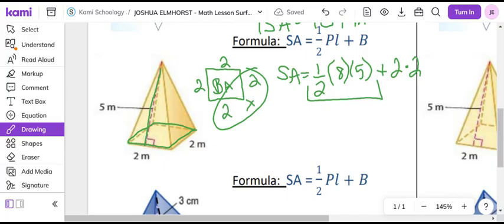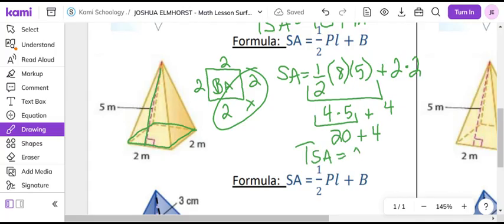So for the lateral surface area, we got 1/2 times 8, 4 times 5, and then we have 4 over here. And one more step is going to be 20 plus 4. So we could say the total surface area is going to be 24 meters, and it's meters times meters, so it's meters squared.